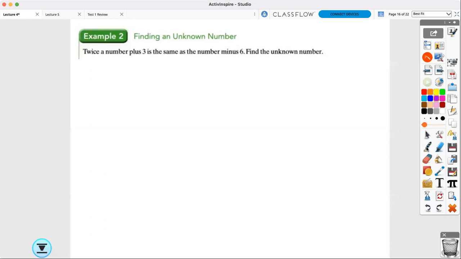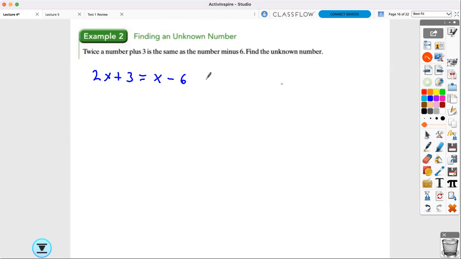Twice a number, okay. That's just pretty much algebra in words. Let's write it as symbols. Twice a number is 2 times x, plus 3 is the same as, is equal to, a number minus 6. Find the unknown number, which we called x.